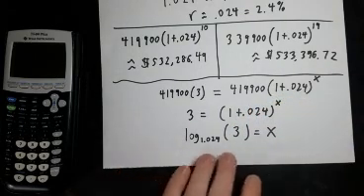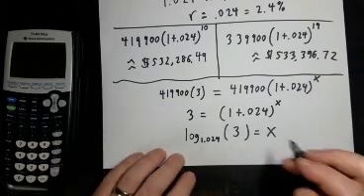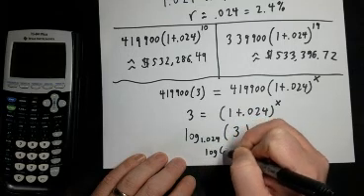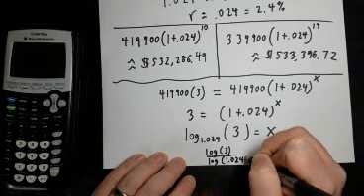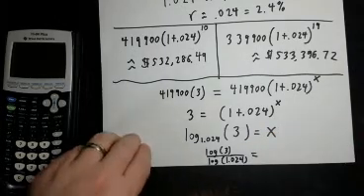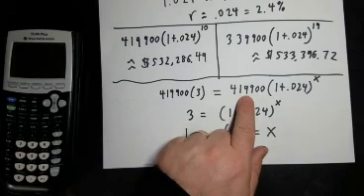Again, change of base formula. I'll just do it. Log of 3 over log of 1.024. Whatever this calculation gets is going to be the number of years that it will take for the house to triple in value from today's price.